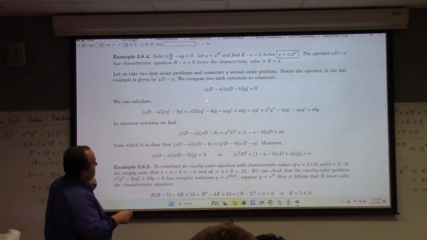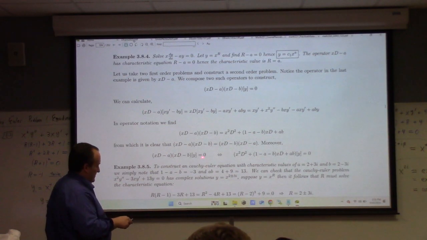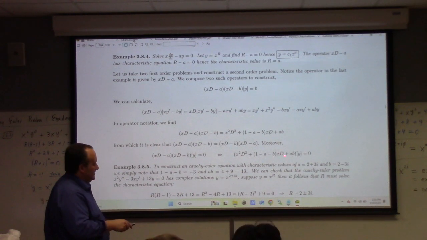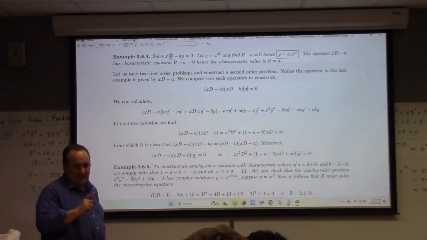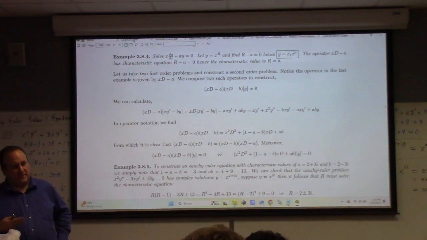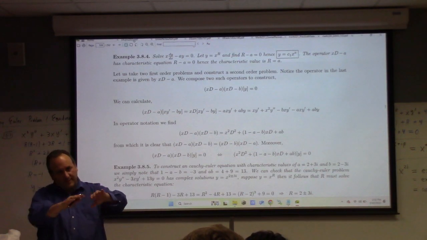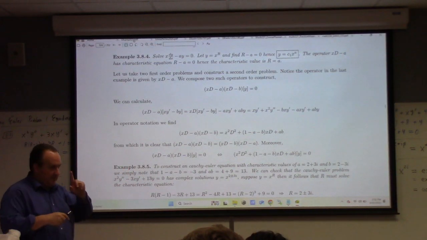If I take xD minus a times xD minus b and you work it out, you get this. So the way these multiply, it's not just polynomial multiplication, right? The differentiation operator is very forgiving. If I have D minus 3 times D plus 2, we just multiply them out. We don't even think about it. But this operator doesn't commute.